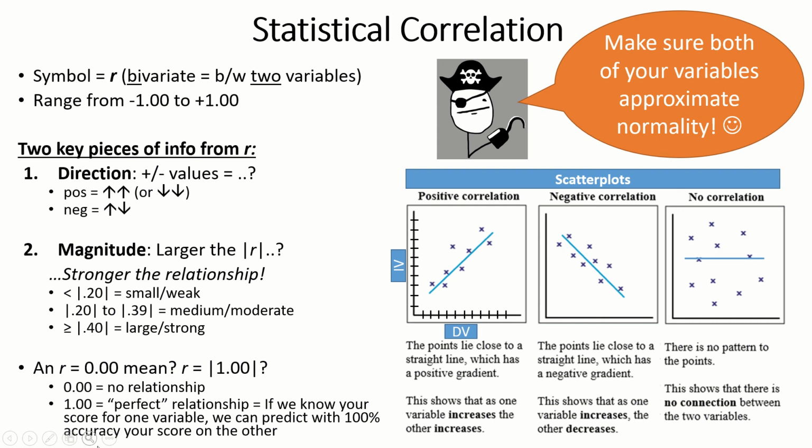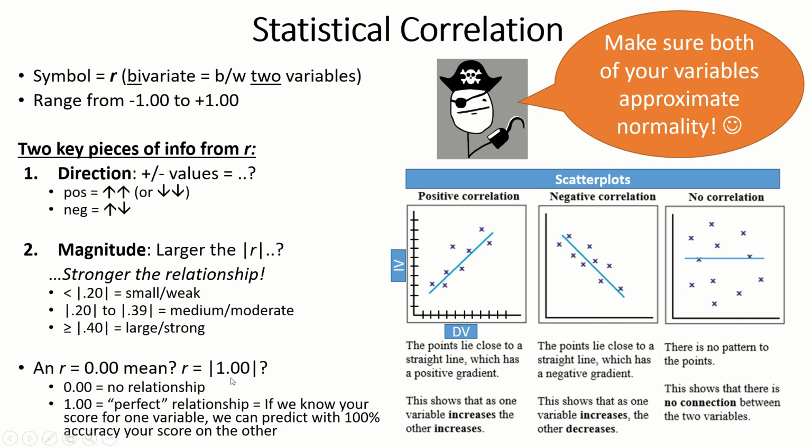Partial eta squared also ranges from 0 to 1, and if we get a value of 1, that means if we know your score on the IV, we can perfectly predict your score on the DV. That reasoning holds here. If you get an R value of 1, we have a perfect relationship.